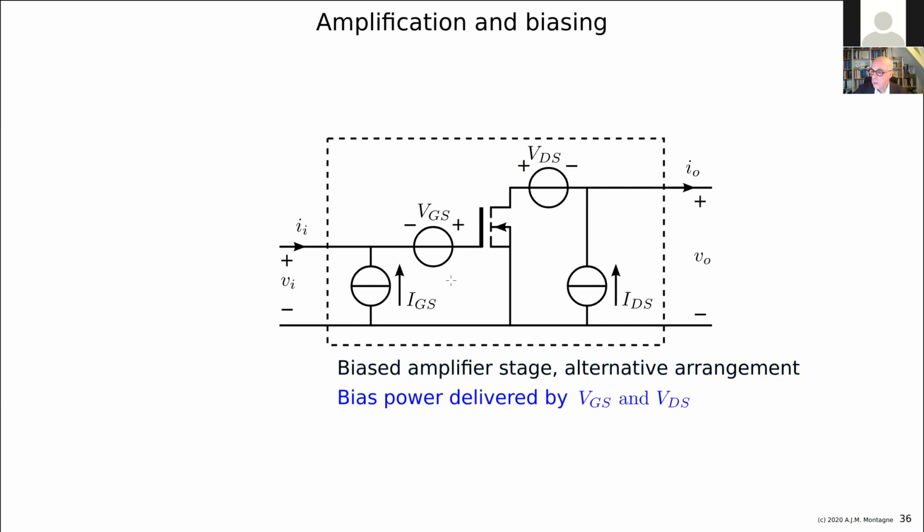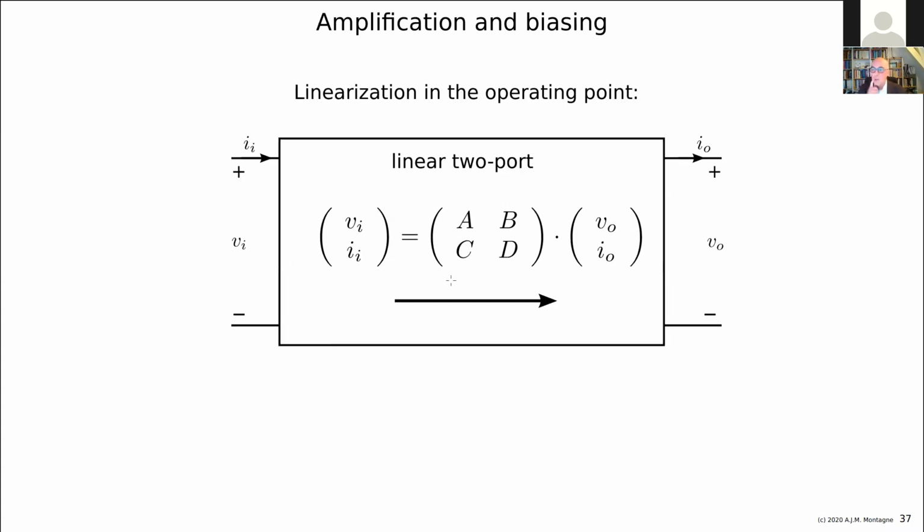So here the power is delivered by VGS and VDS. And as I told you, we have now all characteristics through the origin. You could consider this, well, for very small excursions, you could say, well, let's model it as a linear two-port. So we are going to linearize it in the operating point. And now we have there an active two-port. Yes, but there are 4 batteries in it and a transistor.